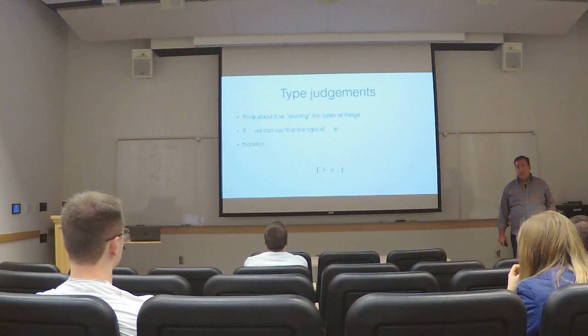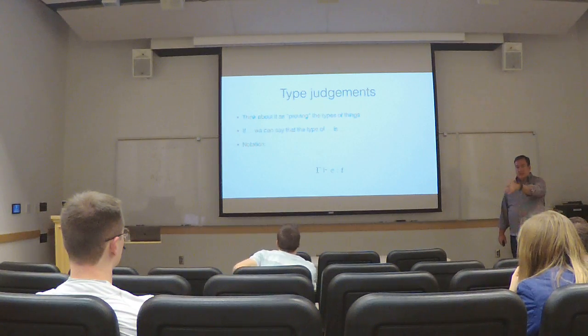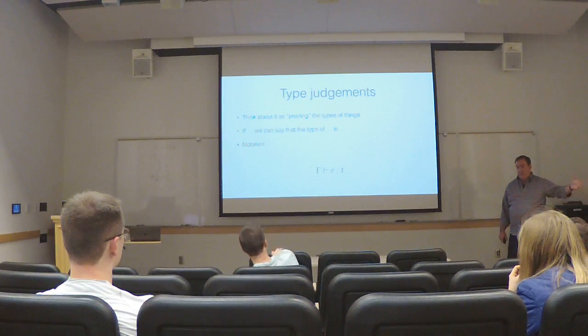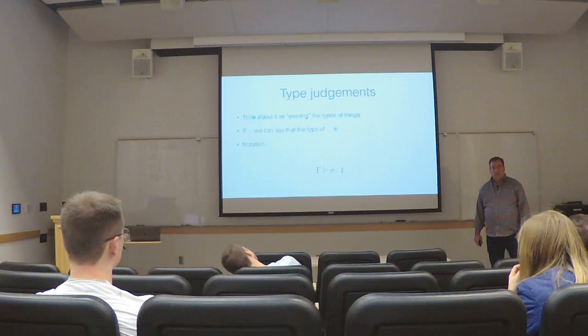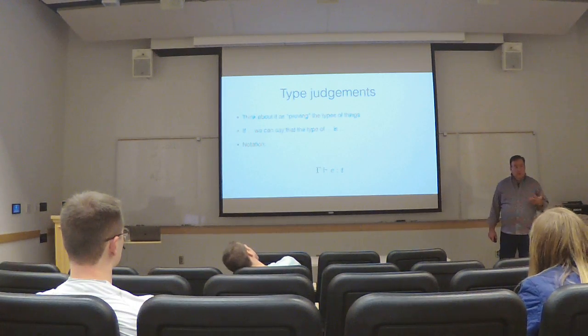Okay. So that's the general form. It's going to be if this and this and this in the context of the current type environment all hold, I can say such and such about the current operation, the current expression.